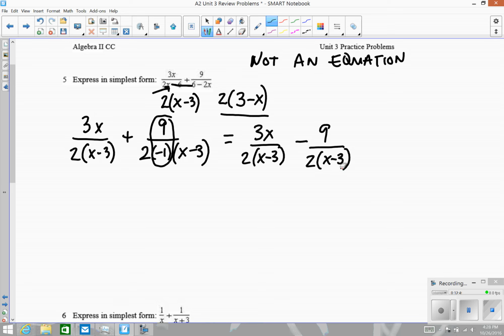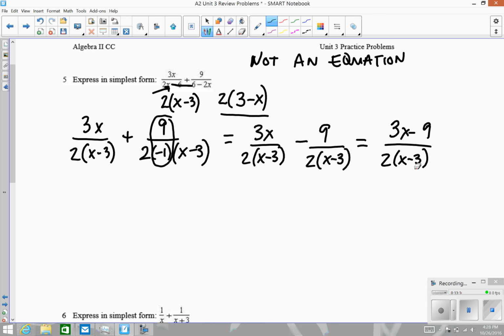Didn't need to multiply any of the fractions by any other denominators to get them to be the same, so I can go ahead now and combine my numerator terms, keep the same denominator, and I get 3x minus 9 over 2 times x minus 3.